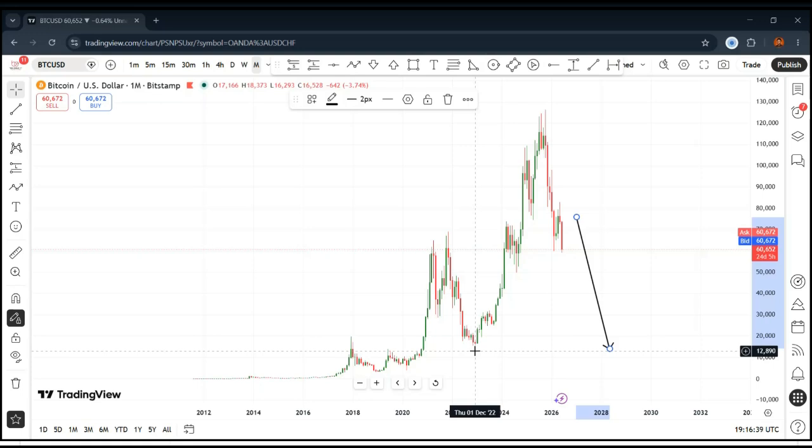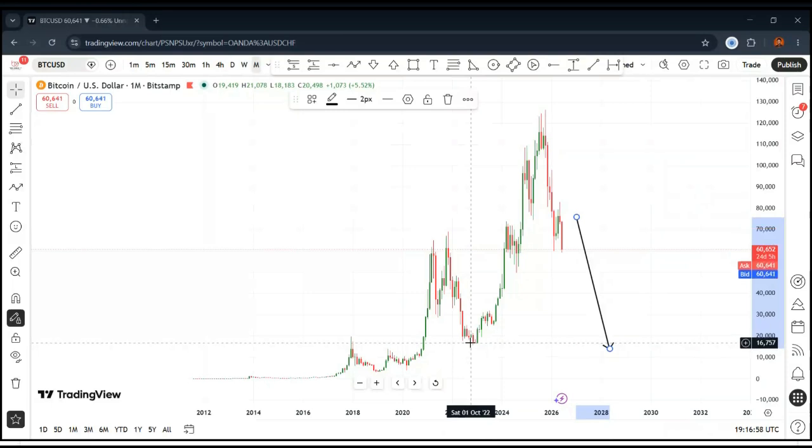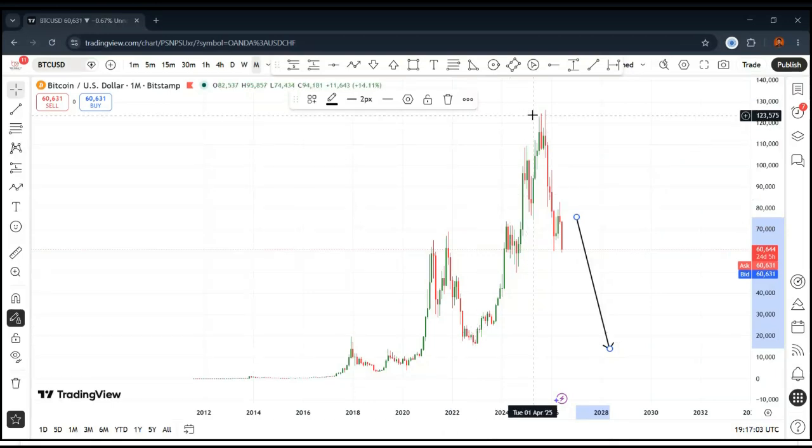And to our greatest surprise, I saw Bitcoin at $18,000 in 2022, and before long we saw Bitcoin going back to the top, as far as $123,000.